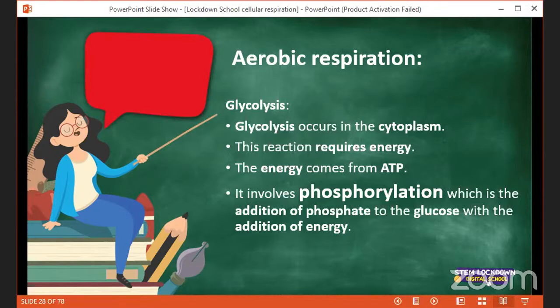Again, glycolysis involves phosphorylation, which is the addition of phosphate to glucose with the addition of energy.